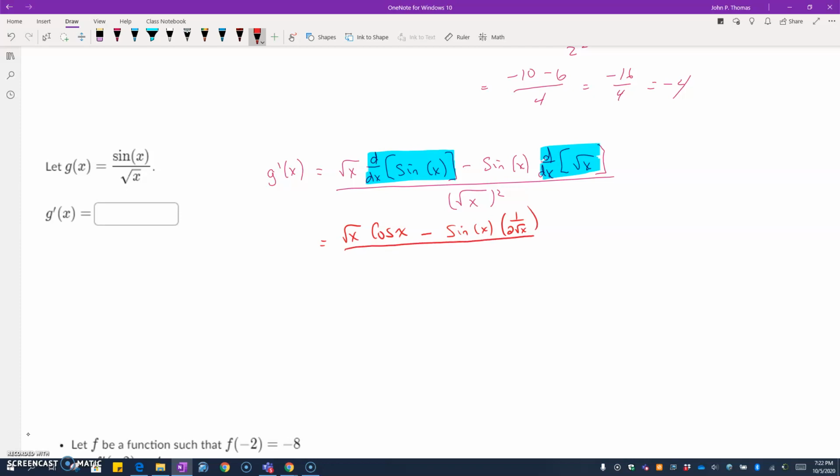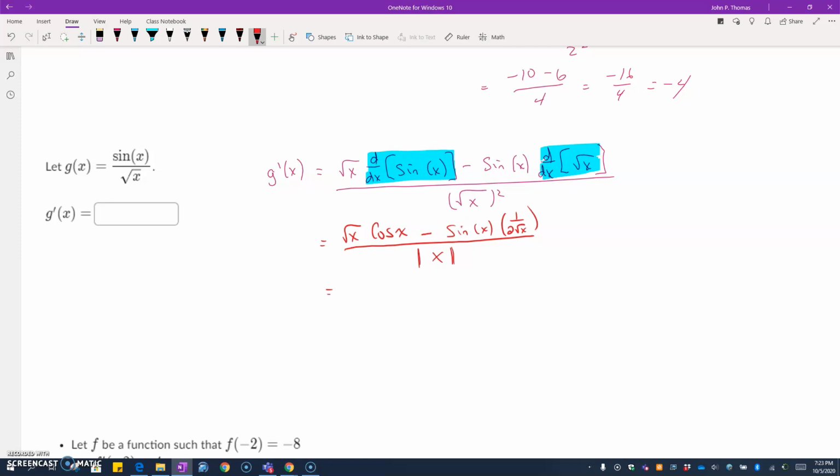Alright, from here I've got square root of x squared. That is just going to be x as we go through. And technically that's always going to be positive. So I'm going to put an absolute value on it for right now, and we'll see if we need that when we get towards the tail end of the question. So there was originally a domain restriction on this that x was greater than 0.